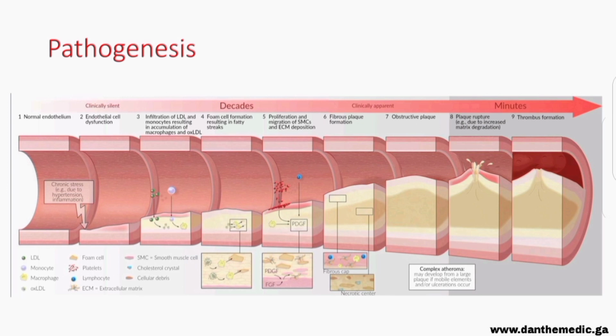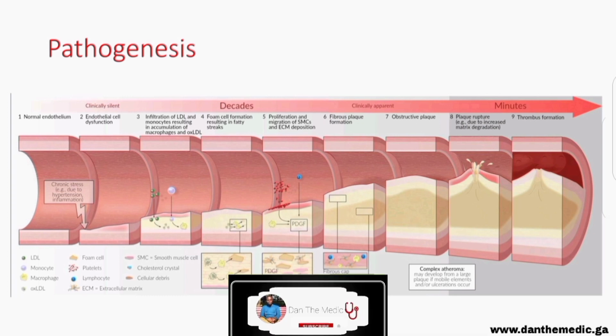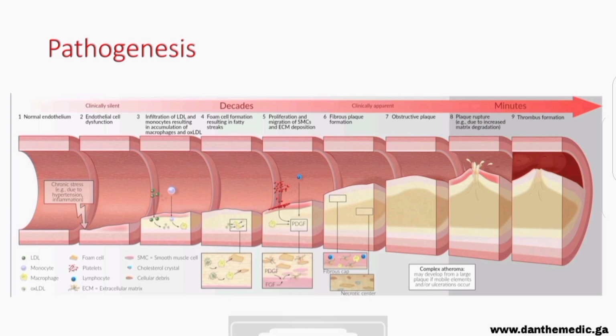When these platelets adhere to the damaged vessel walls, we now have platelet release of inflammatory mediators, for instance cytokines, and also PDGF, that's platelet derived growth factor. And then this platelet derived growth factor stimulates the migration and proliferation of smooth muscle cells to the intimal layer.